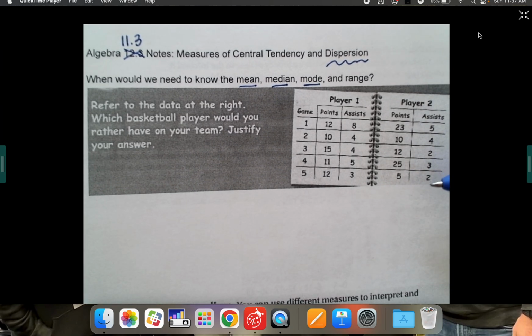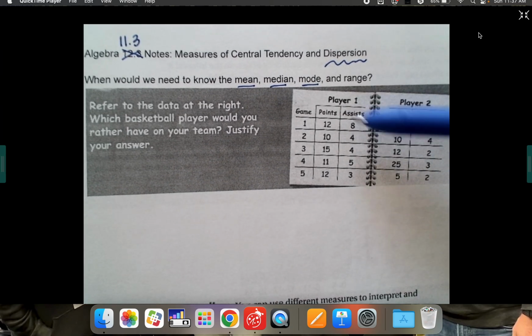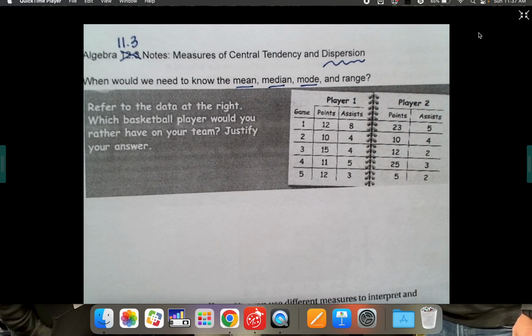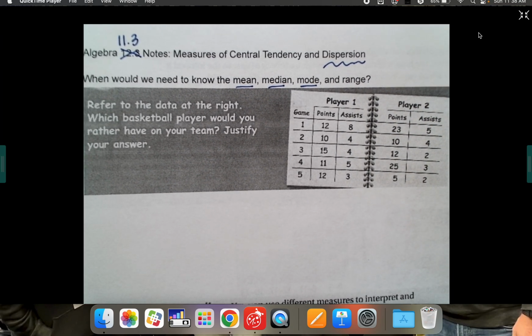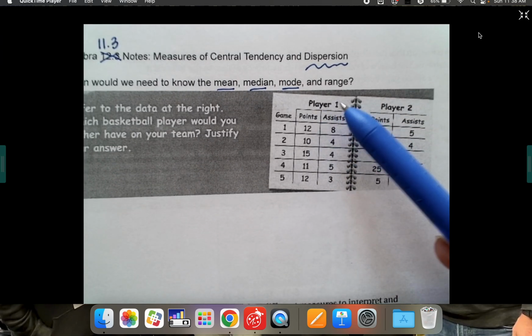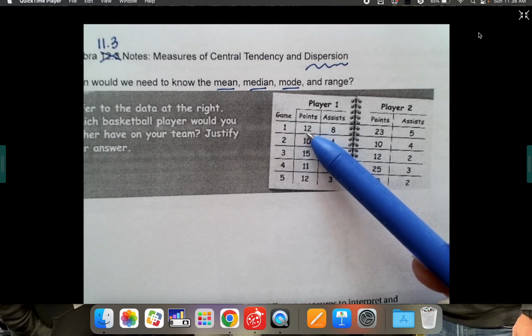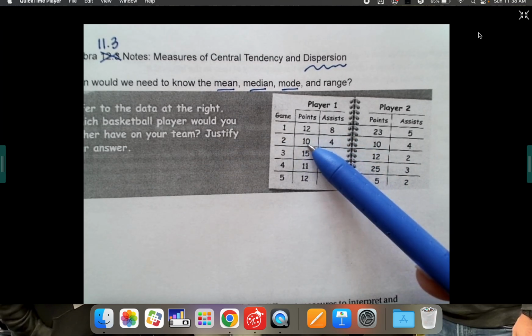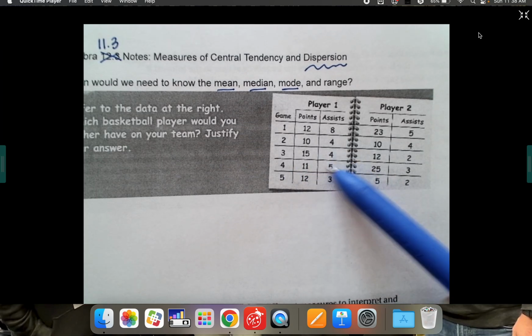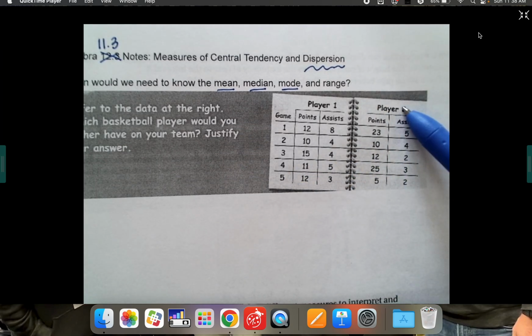So let's take a look at a basketball player's statistics, actually two different basketball players' statistics, and you're going to pretend like you are an NBA coach or an owner, and you're going to decide which player you would rather have on your team. So here is that player's data. Player one in game one had this many points and assists, game 2 points and assists, game 3, game 4, game 5, and then here's player two.